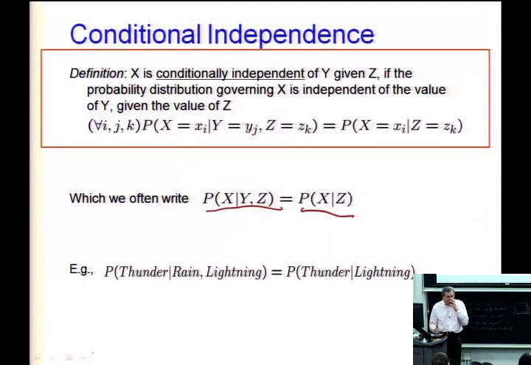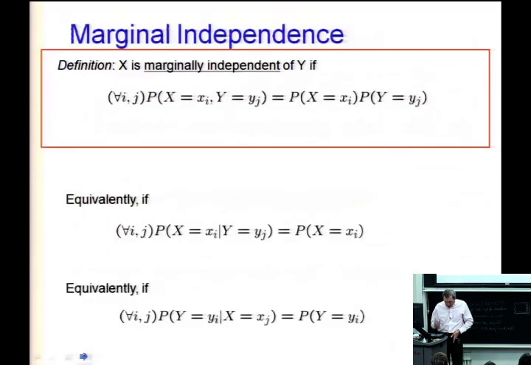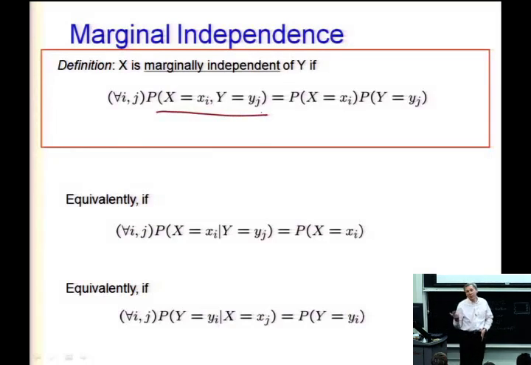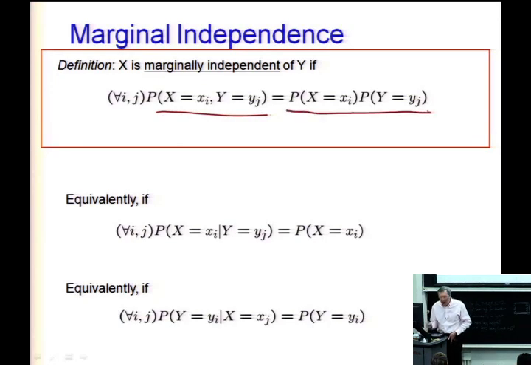Now there's another notion of independence which is a little different that people often talk about, which we'll call marginal independence. And basically, it's a simpler notion in some ways. Two random variables, x and y, are defined to be marginally independent if their joint distribution can be written as the product of their individual marginal distributions.